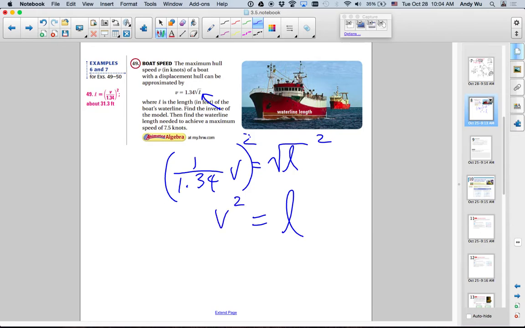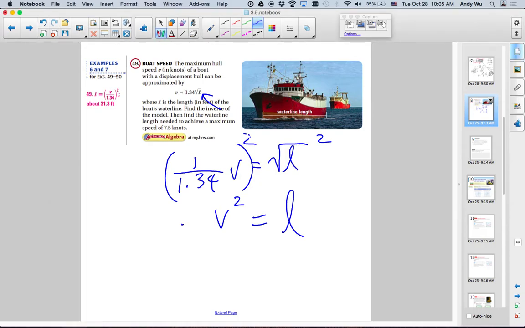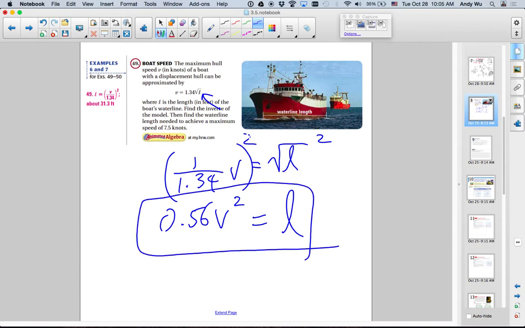I'll just use a calculator. 1 divided by 1.34, and then squared. So multiply, enter. So 0.55. 0.56. Does that answer your question?